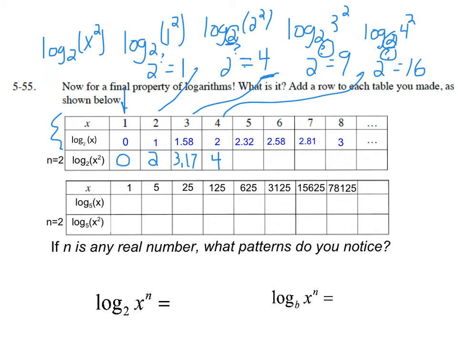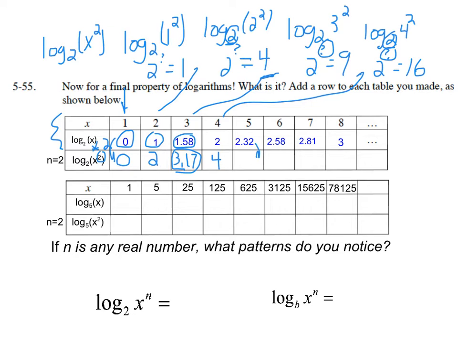Oh, I'm starting to see a little something here. It looks like if I take this value times 2, take 1.58, take your calculators out, type in 1.58 times 2, and due to rounding, you get something pretty close to 3.16. So all I'm doing is each time I'm just multiplying by 2. And that happens to be what my exponent is. Try it right here.